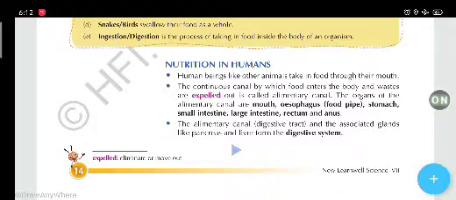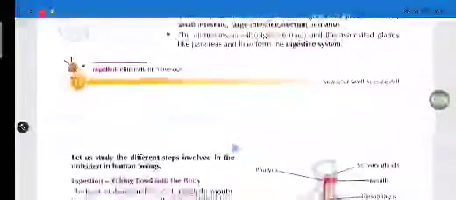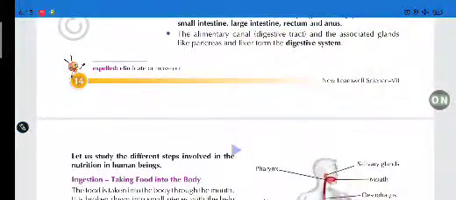Digestive system means digestive juices will be secreted by different glands like the pancreas and the liver. Expelled, what is expelled? Expelled means eliminate or move out, that is, remove the undigested food from the body.